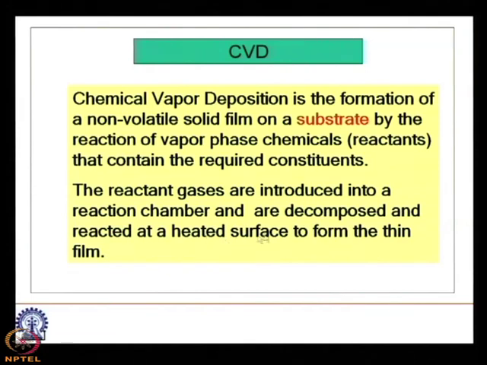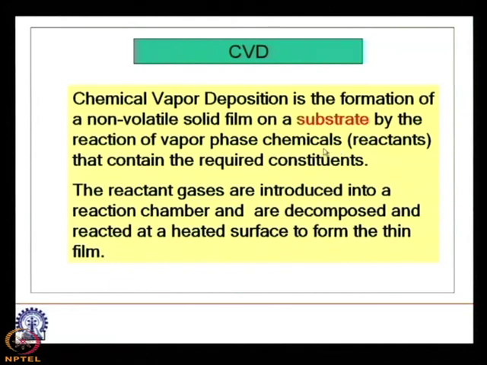So, on the substrate there will be some decomposition of the constituent chemicals, right. Suppose you want to make a silicon film. Then what you have to do? Then you have to have some chemicals containing silicon, say silane.